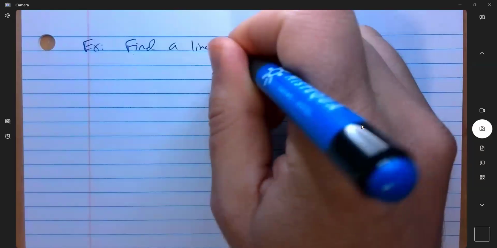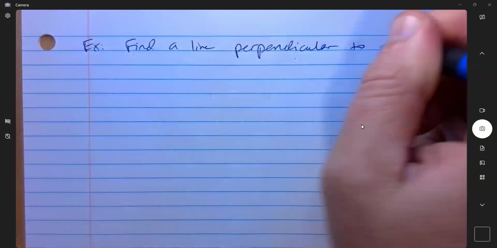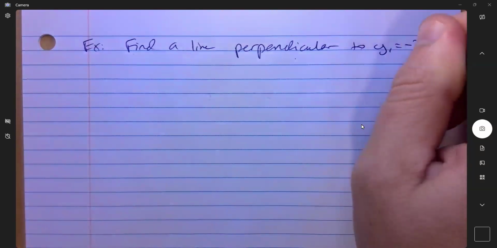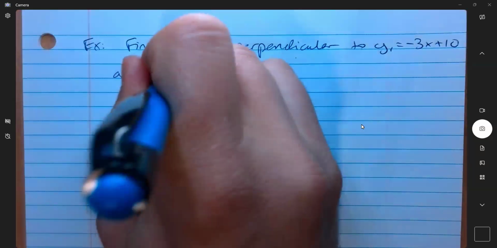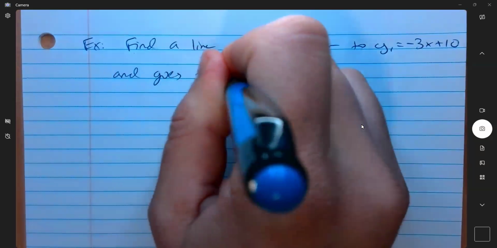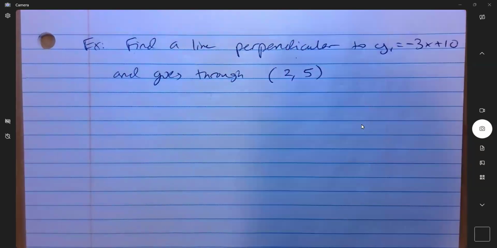All right. Let's do another example. Find a line perpendicular to y1 equals negative 3x plus 10 and goes through the point 2, 5.